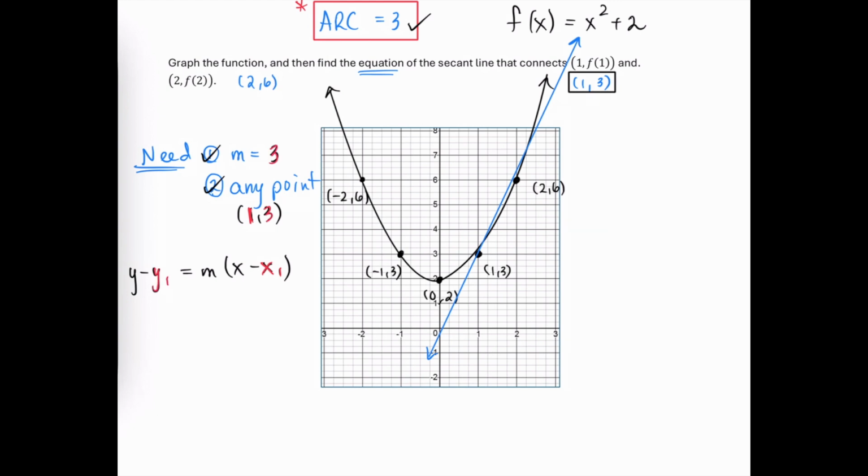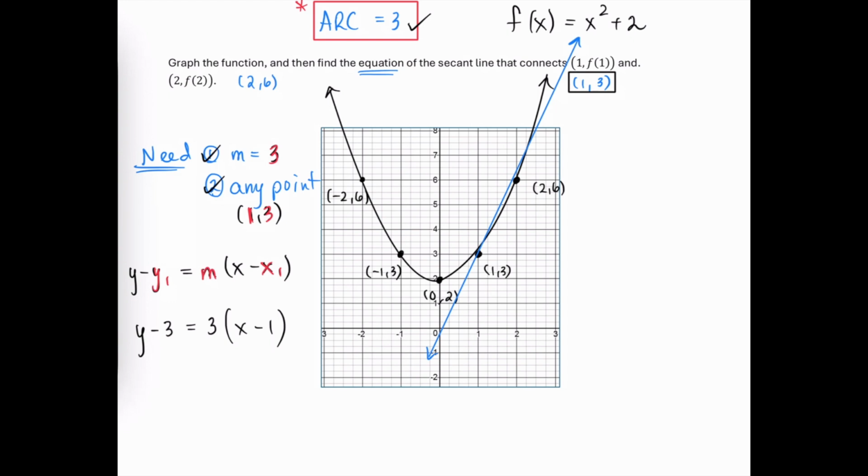And 3 also is going to be plugged in for the slope. So we'll have y minus 3, which is the y-coordinate of the point, is equal to 3, which is the average rate of change, or the slope that we calculated, times x minus x1, which is the x-coordinate of our point. This is the equation of that secant line. We would consider this to be in point-slope form.